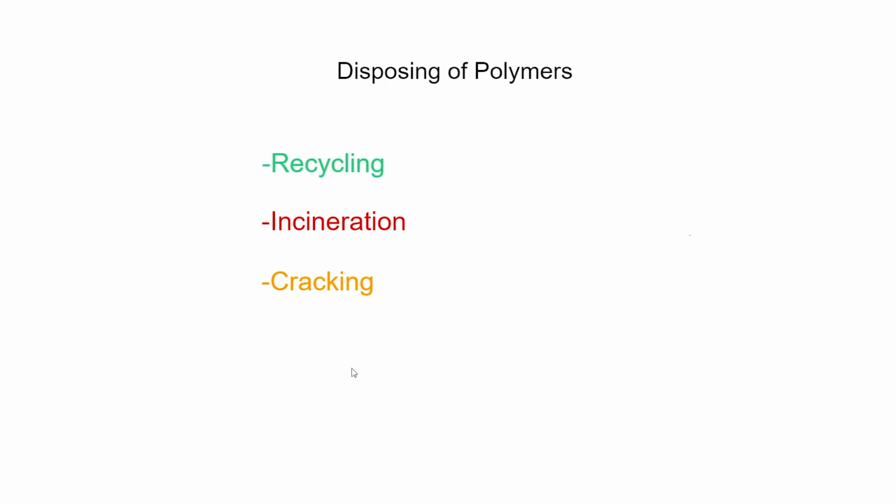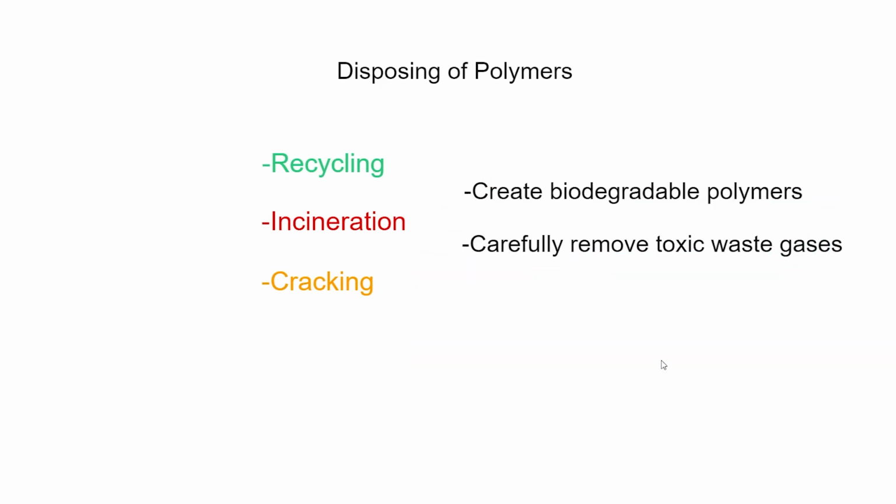For the very final point on the specification that we're going to cover in this video, what can we as chemists do to limit the problems disposing of polymers can create? There are two main points. The first is that in an ideal world, we'd be able to create way more biodegradable polymers.